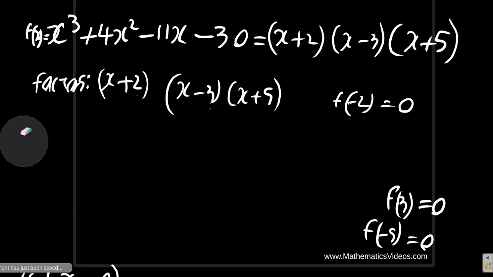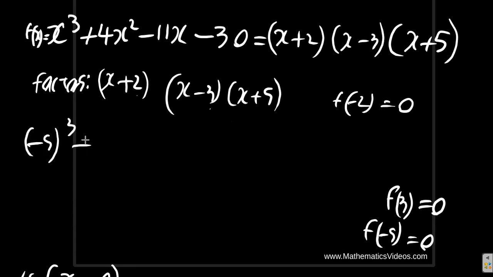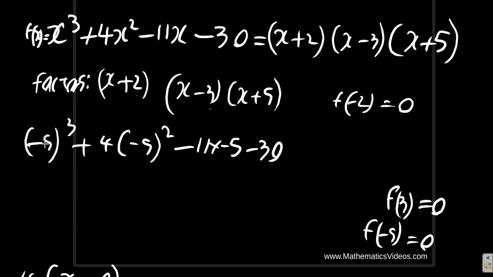And if you say f of negative 5, negative 5 cubed plus 4 times negative 5 squared. Remember, you're replacing x with negative 5. Minus 11 times negative 5 minus 30. That will give you 5 5s are 25, 25 5s are 125. So it's negative 125 plus 5 squared is 25, 25 4s are 100, minus 11 times negative 5 gives you a positive 55, minus 30.